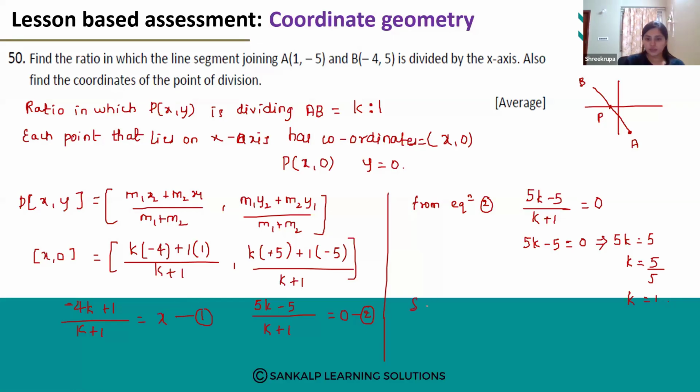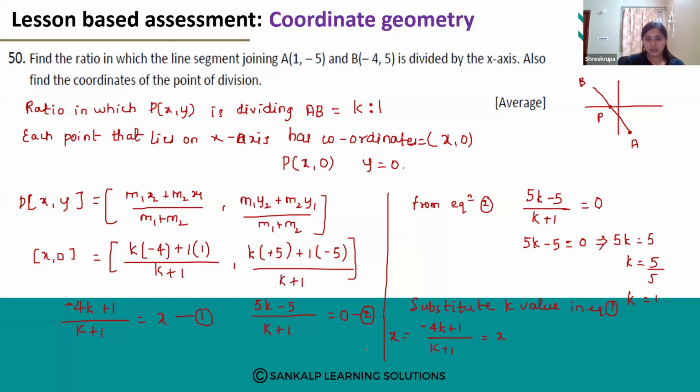And substitute the k value in equation 1, which is (-4k plus 1) divided by (k plus 1) equals x.